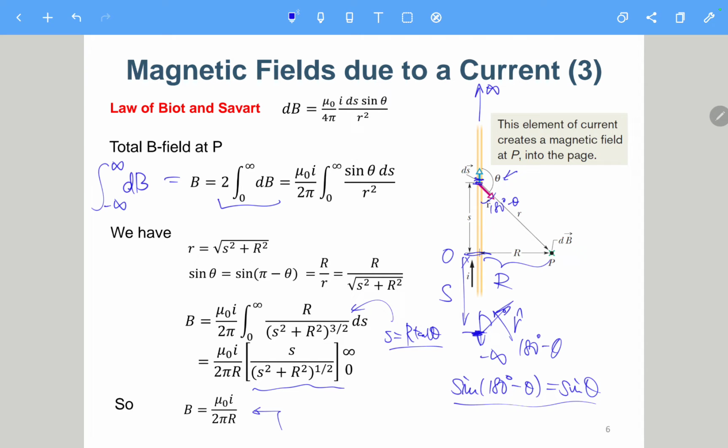Okay, so we will use this expression frequently. This is really useful later on.